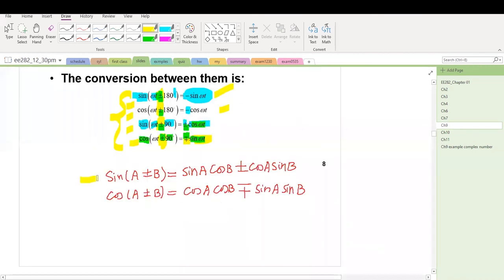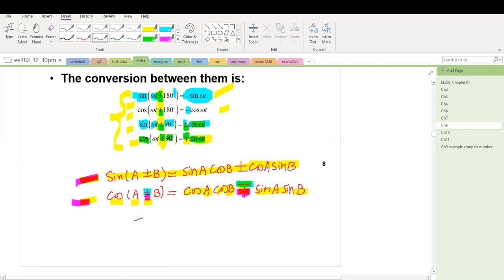The other two important trig identities are sin(A ± B) equals sin A cos B ± cos A sin B, and cos(A ± B) equals cos A cos B ∓ sin A sin B. If it is a plus sign on the left, here is a minus sign; if it is minus, here is plus.